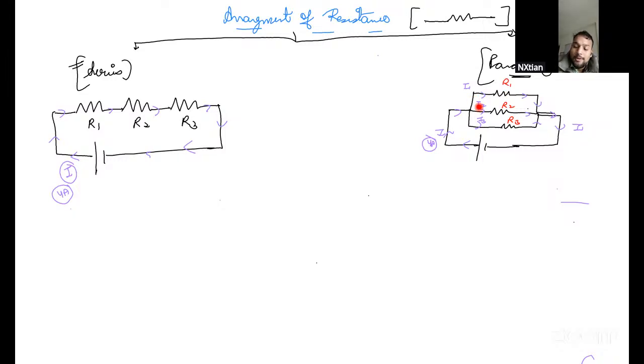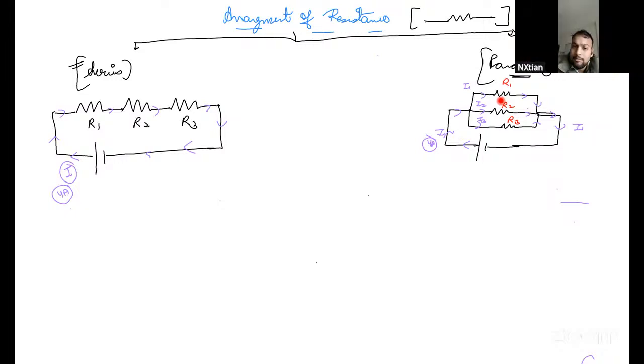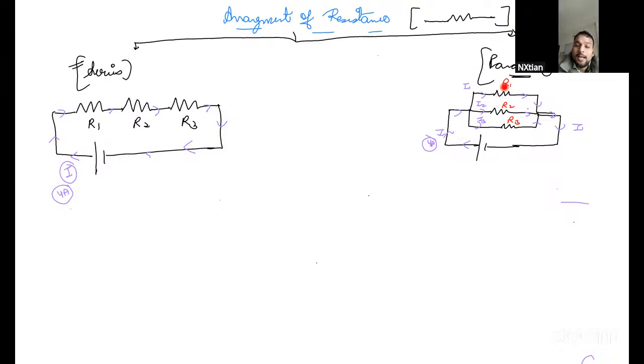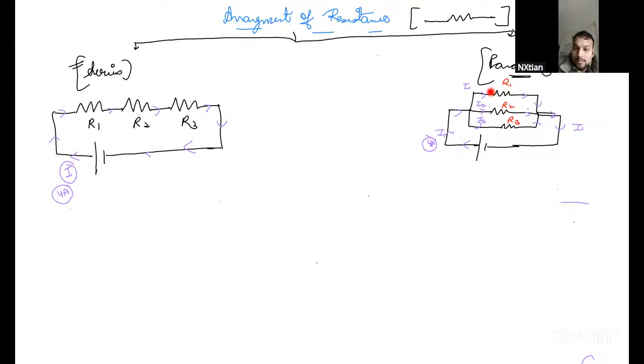I told you, if the resistance is more, then the current will be less. So for example, if R1 is high resistance, then the current in it will be less.